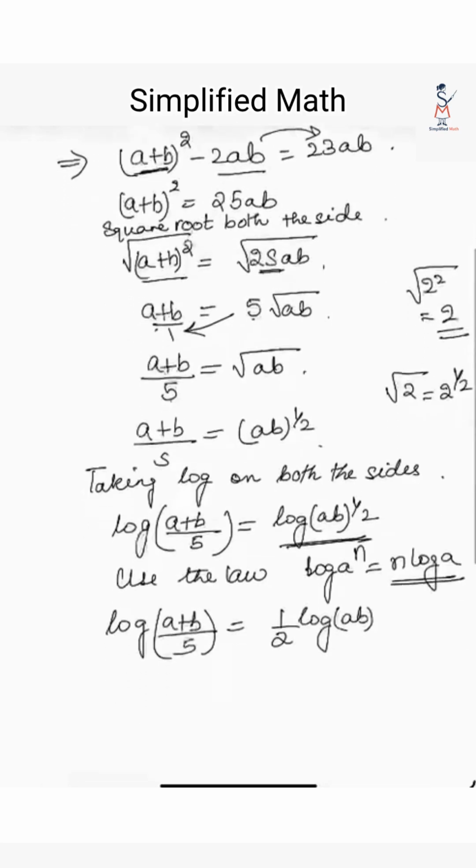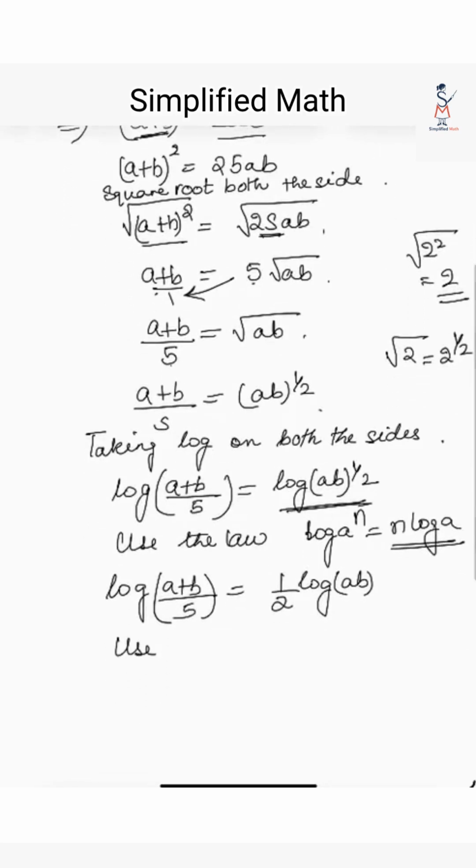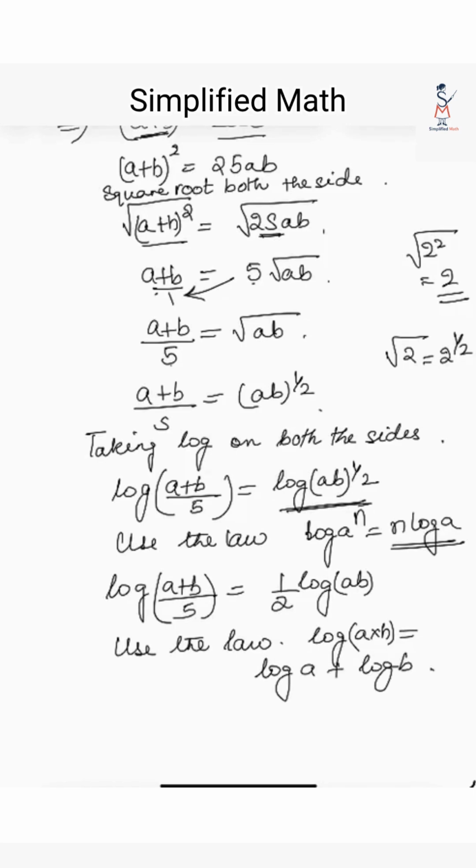Again we will use a law. Which law? Log of a into b is log a plus log b. We are using the laws of log everywhere.